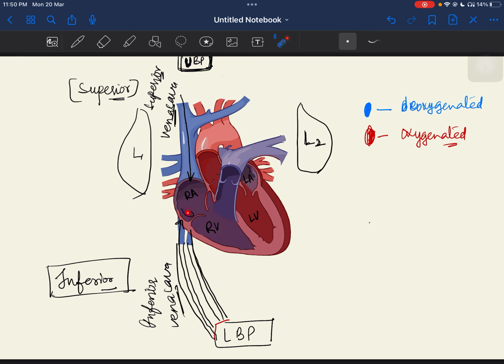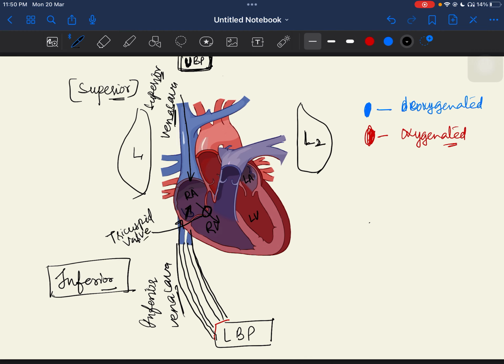Then what happens? See, here is opening for the blood to enter in the right atrium. Now what happens? The blood from the right atrium goes to the right ventricle through tricuspid valves. This is called tricuspid valve.